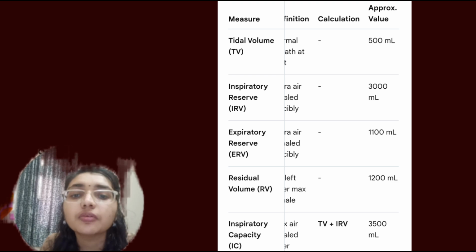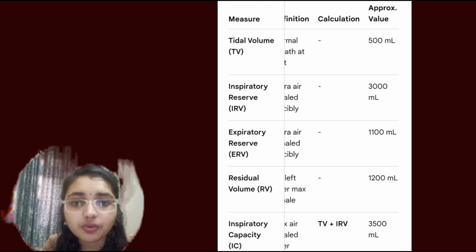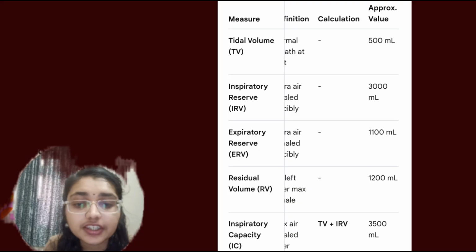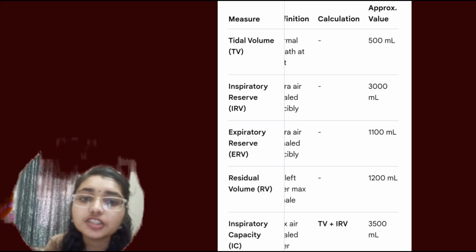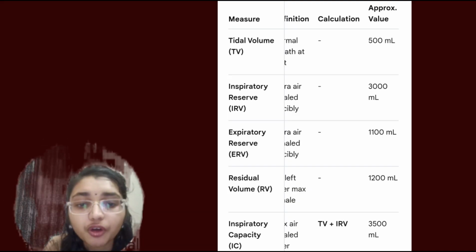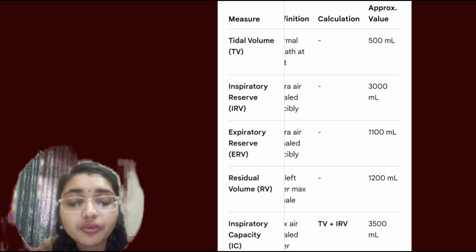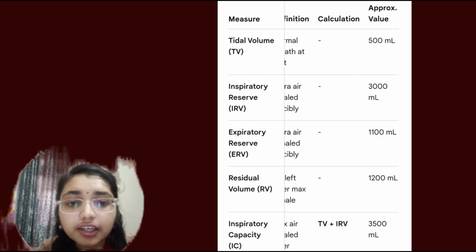Here we can see a table that shows the tidal volume, inspiratory reserve volume, expiratory reserve volume, residual volume, inspiratory capacity, and their definitions, formulas and values. MCQs can be asked like: what is the value of the tidal volume? That is 500 ml.